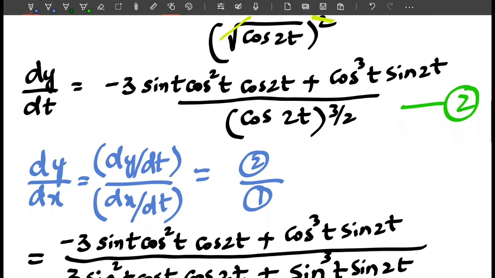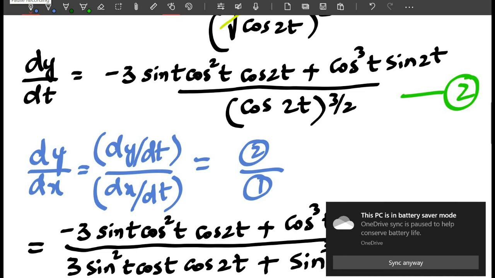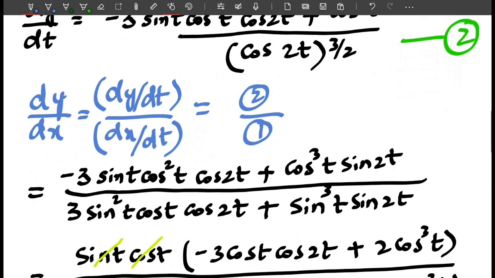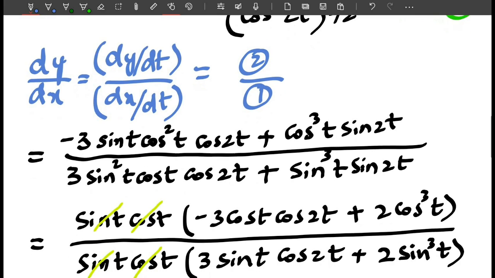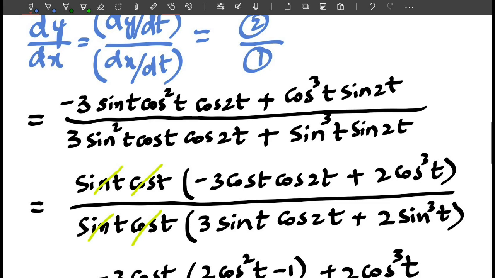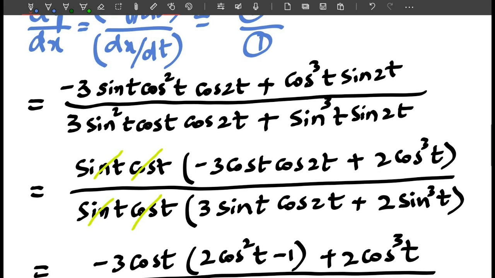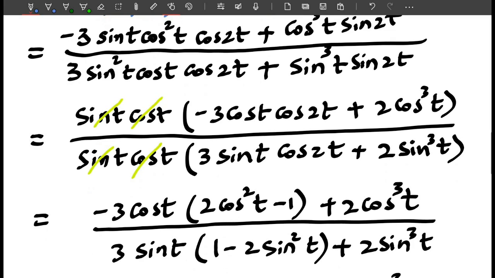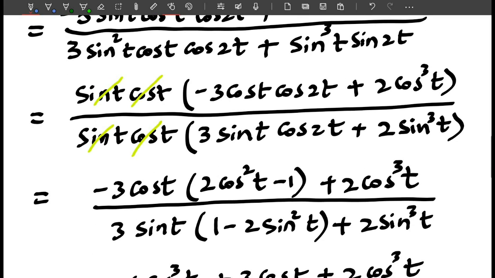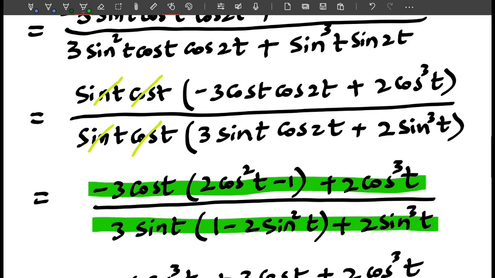Since the denominators are the same, we cancel them and are left with the numerators: minus 3 sin t cos square t cos 2t plus cos cube t sin 2t, divided by the other. When sin t and cos t are taken common, the sin t and cos t in the numerator and denominator cancel, and we are left with minus 3 cos t in the numerator and this part in the denominator.